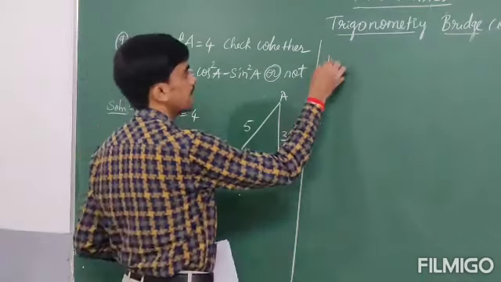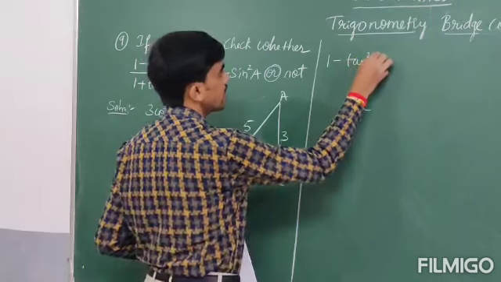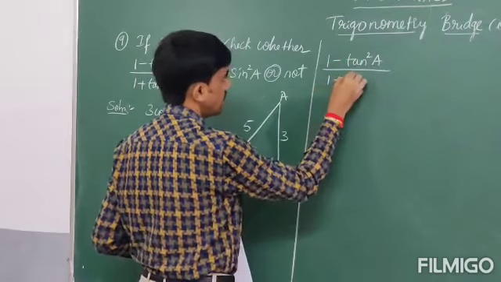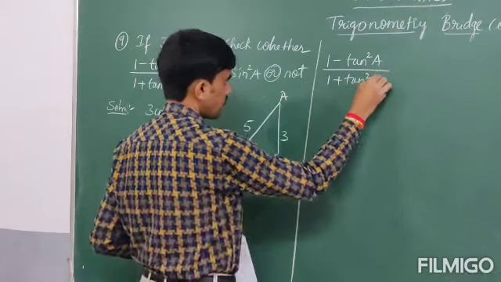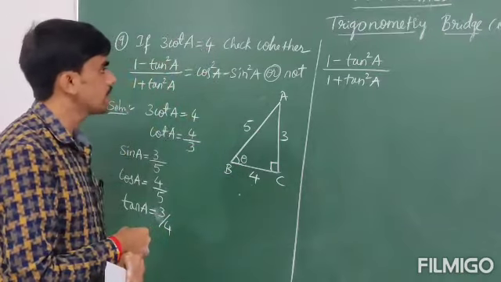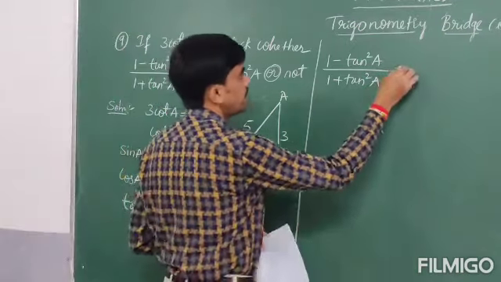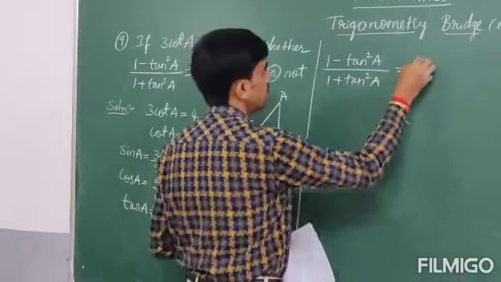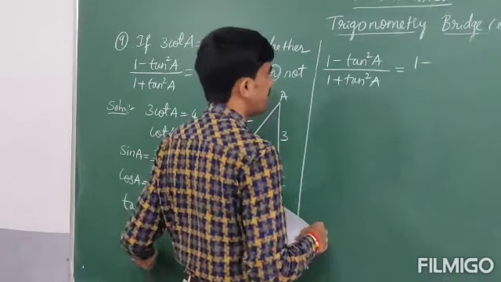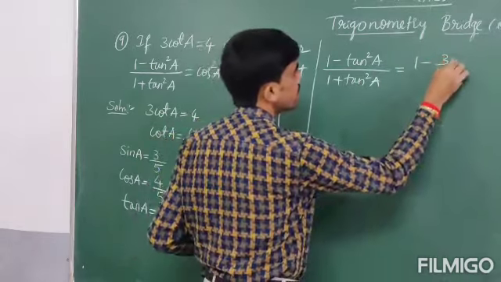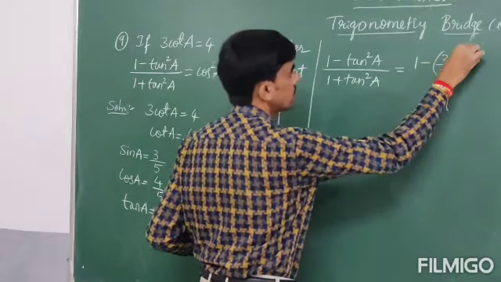Next we have to take 1 minus tan square A divided by 1 plus tan square A. Tan A is 3 by 4, so tan square A becomes 3 by 4 whole square.